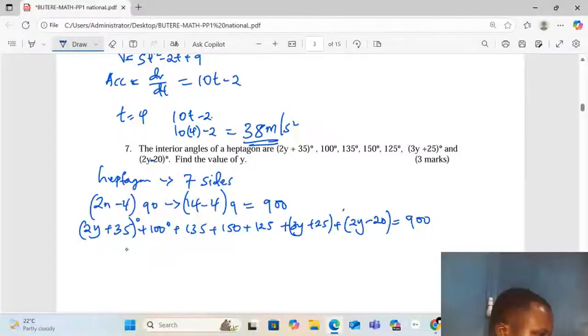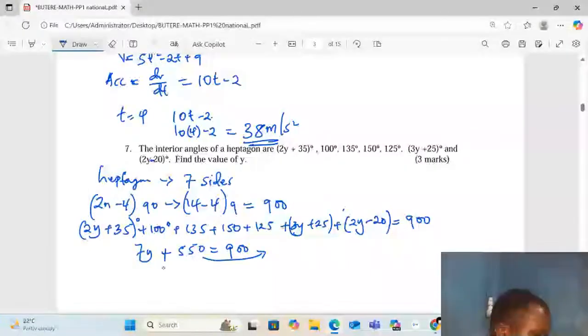Collecting like terms, the number of y's becomes 7y plus 550 is equal to 900. So this one moves to the other side, and we shall have 7y is equal to 350.